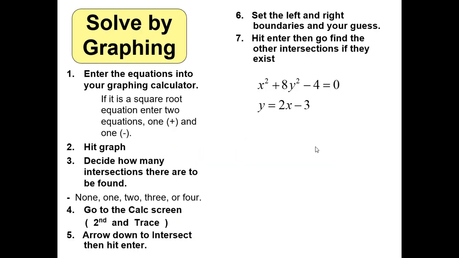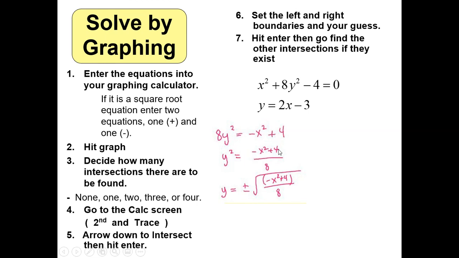We can also solve by graphing. So enter the equations into your graphing calculator. Well, if it's a square root, then we have to divide this into two equations. Here I've got x squared plus 8y squared minus 4 is equal to 0. I can't plug that directly into my calculator, so I have to solve for y. So 8y squared is equal to negative x squared plus 4.